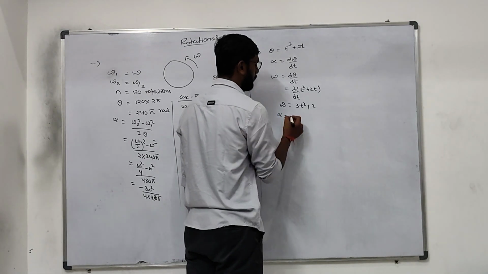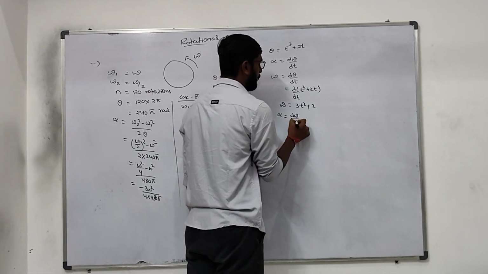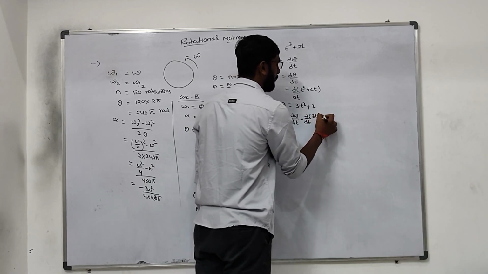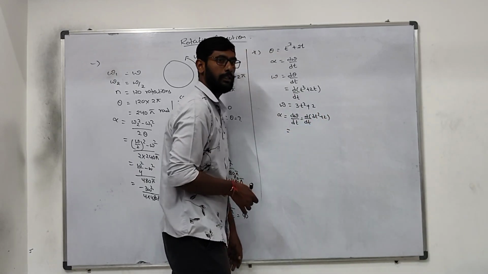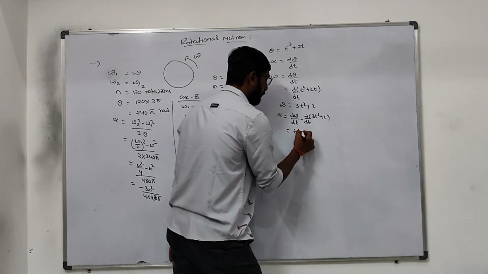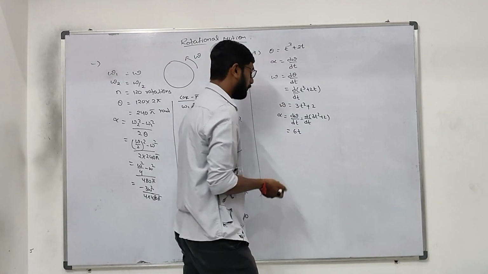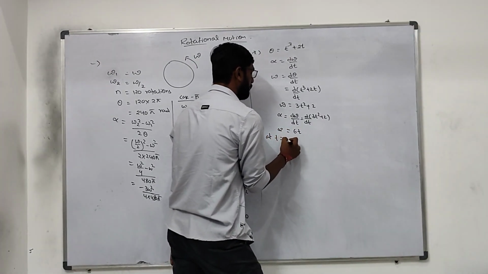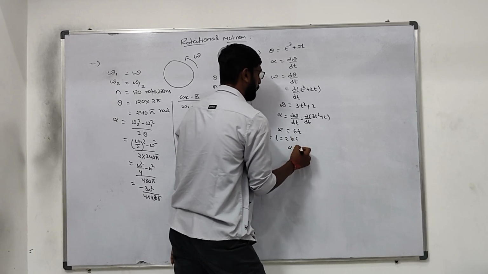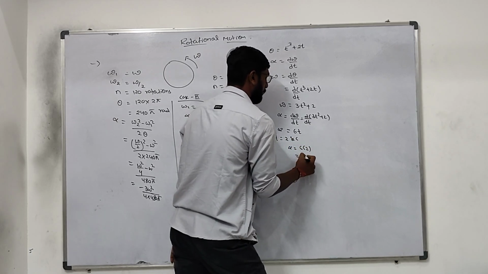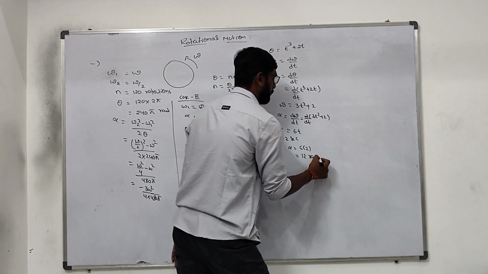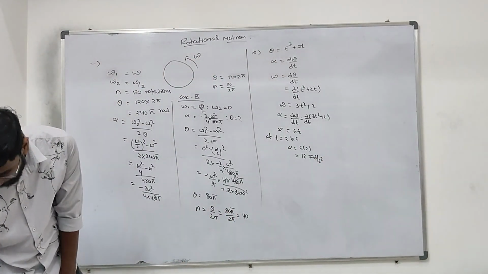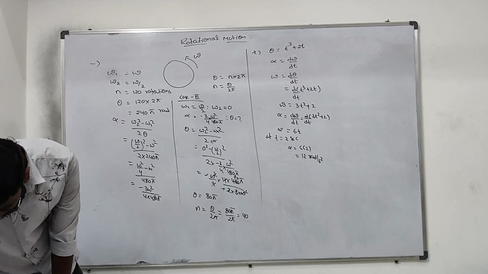Alpha will be d omega by dt, that means d by dt of 3t square plus 2, which will be 6t, and the differentiation of 2 is 0. This is alpha. We need it at t equals to 2 seconds. Alpha will be 6 into 2, 12 radian per second square. So this kind of question will be asked.